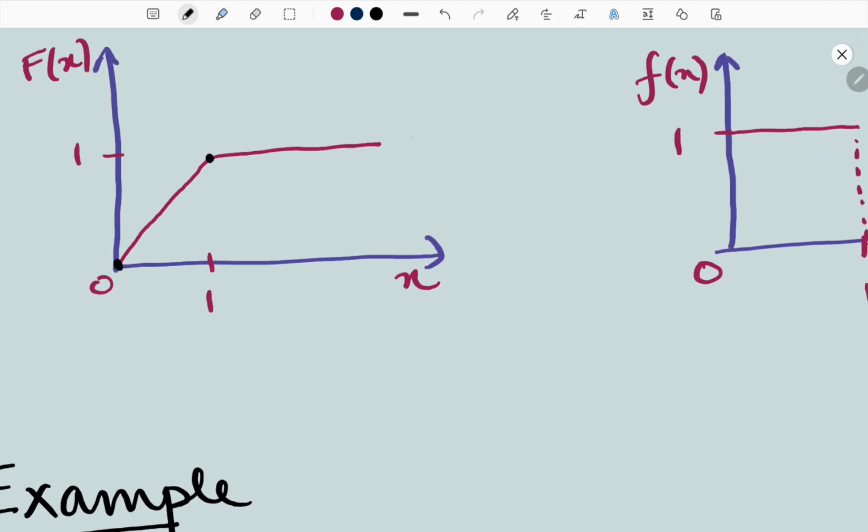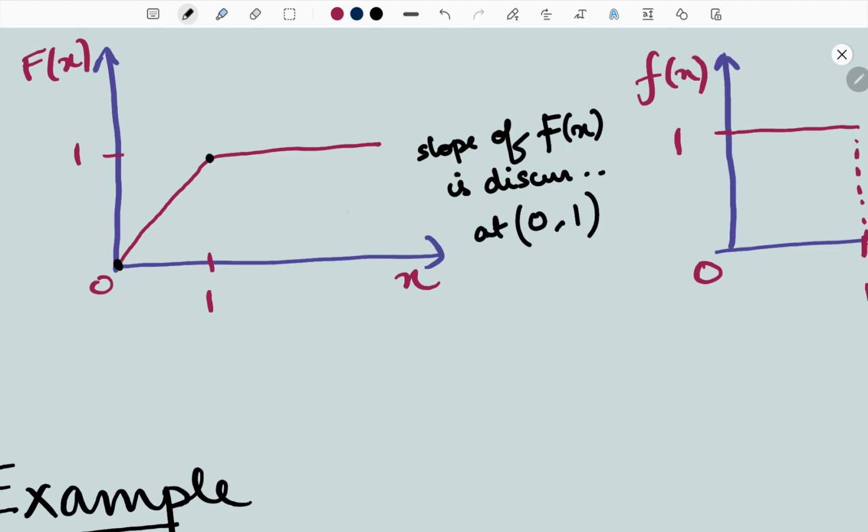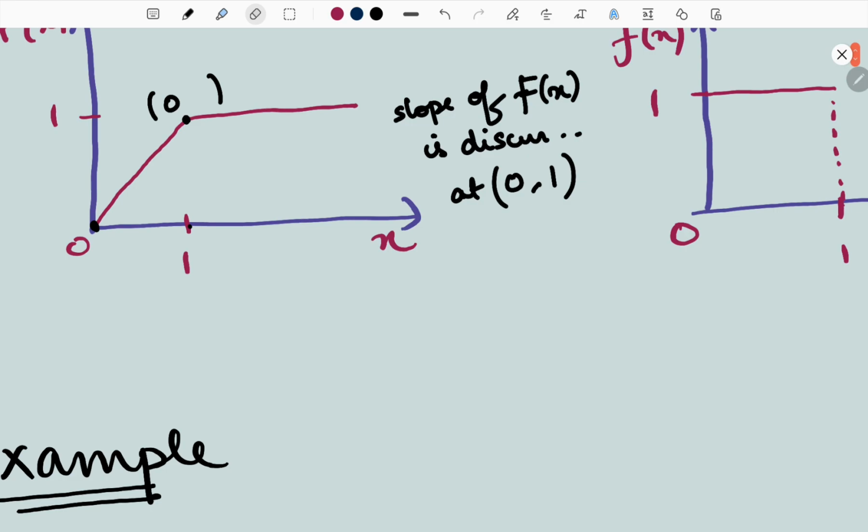The thing is that the slope of this function is discontinuous at 0 and 1. So you can't say whether at x equals 1 the slope is 0 or 1. You don't know. Rather, you can just say it's 1 by the formula. You do get 0.